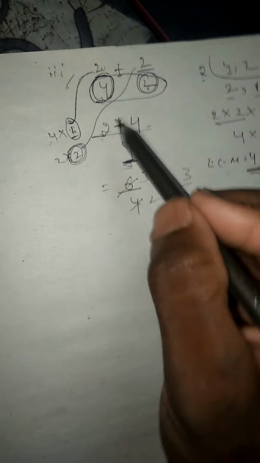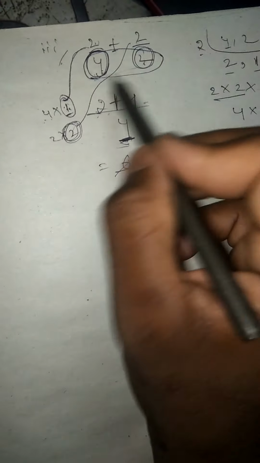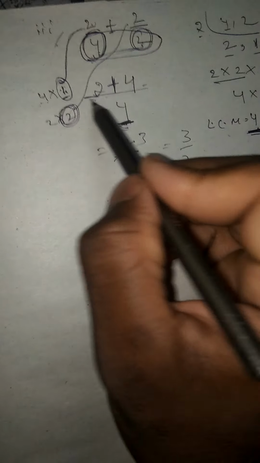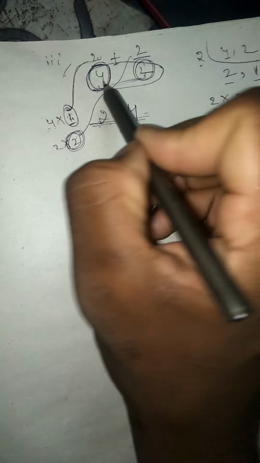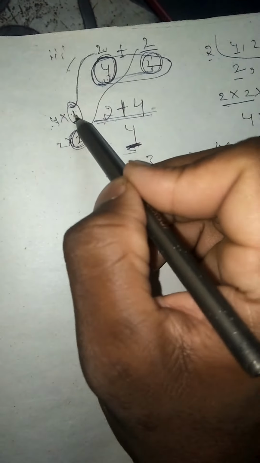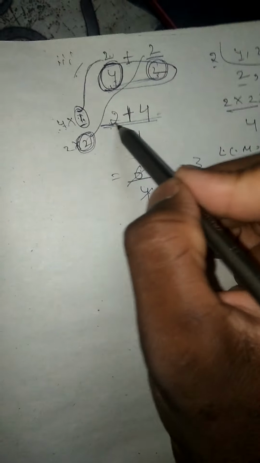This is the very important method, and this is the confusing method. When the two numbers come in the same table, we have to do that for LCM, and we have got the LCM as 4, so we have to put 4. Now go to the first denominator 4. In the 4 table we want 4, so 4 ones are 4, so we have to multiply 1 with 2. 1 into 2, 2.